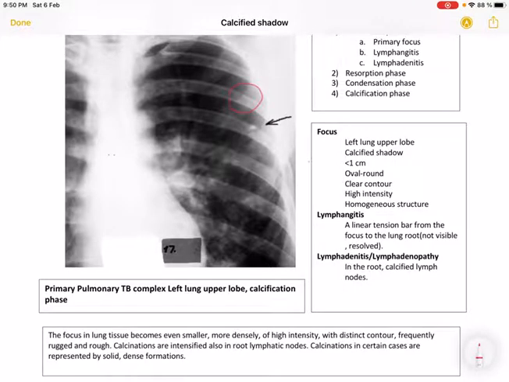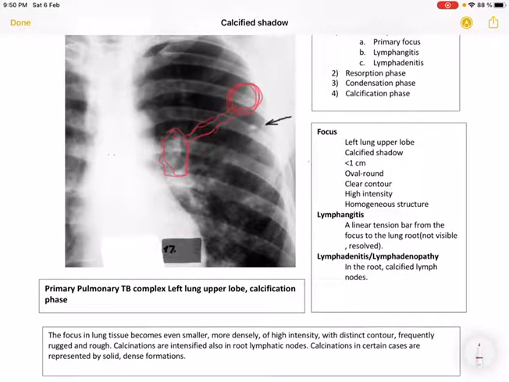There is an inflammatory focus in this area, and the bacteria then migrate through the lymph vessels to the hilar lymph nodes. In the pneumonic phase, there is a markedly large focus, with inflammation of the lymph vessels as well as inflammation of the lymph nodes.